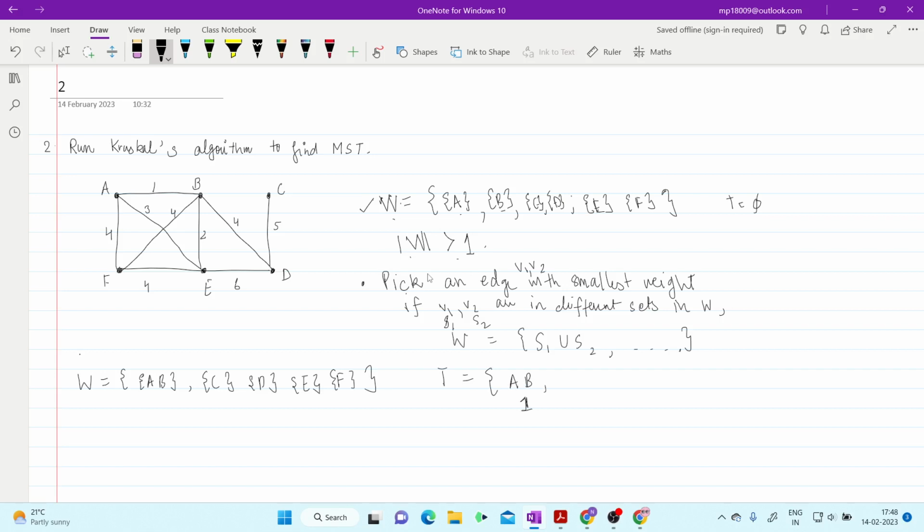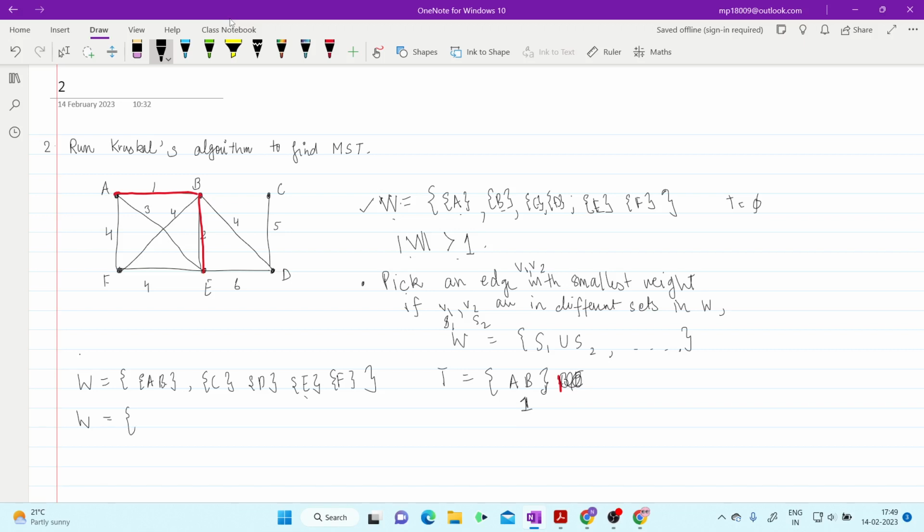Now once we have found this, we repeat the step. Besides AB, what is the smallest weight edge now? Yes, now we pick BE. At the second stage, so this was T, AB.